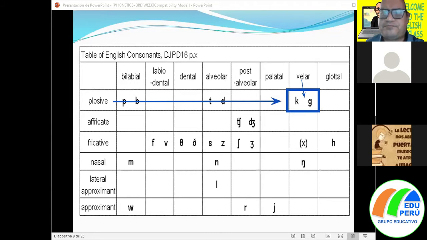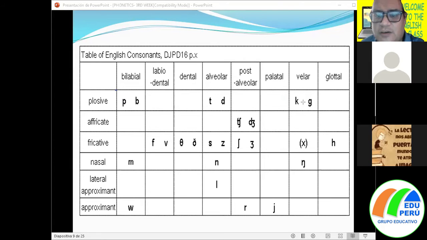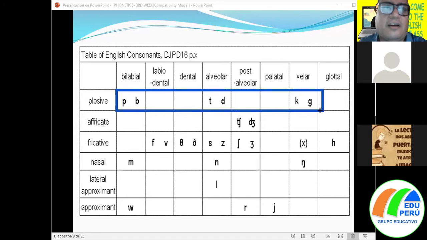So notice that we have here six plosive sounds, or stops. Listen to me. Pa, ba, ta, da, ka, ga. So we have these six plosive consonant sounds.